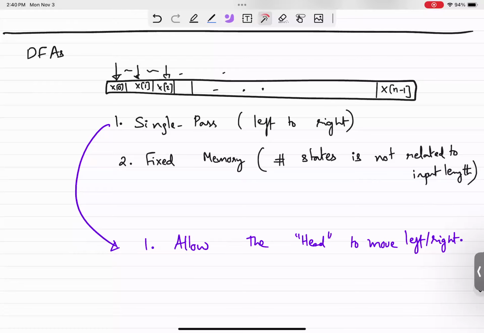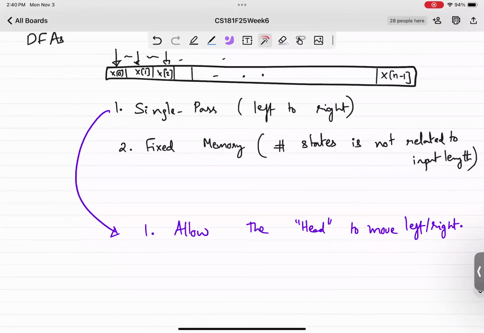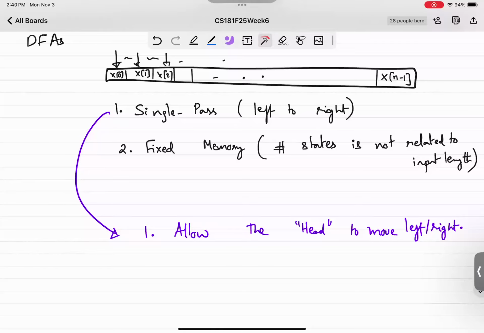Okay, so if you think of the DFA as having access to this array, it is reading it. In some sense, it has unlimited read memory compared to its number of states. Even if my number of states is 10, I can still process an input which is a million bits long.